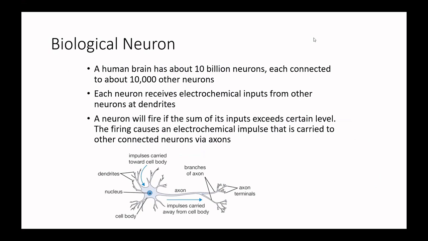These classifiers obviously are motivated by biological neurons. Just to give you an idea of how complex the brain is, a human brain has about 10 billion neurons, and each of these neurons is connected to about 10,000 or more other neurons. So basically, you have a system which has billions of neurons and a lot of connectivity.